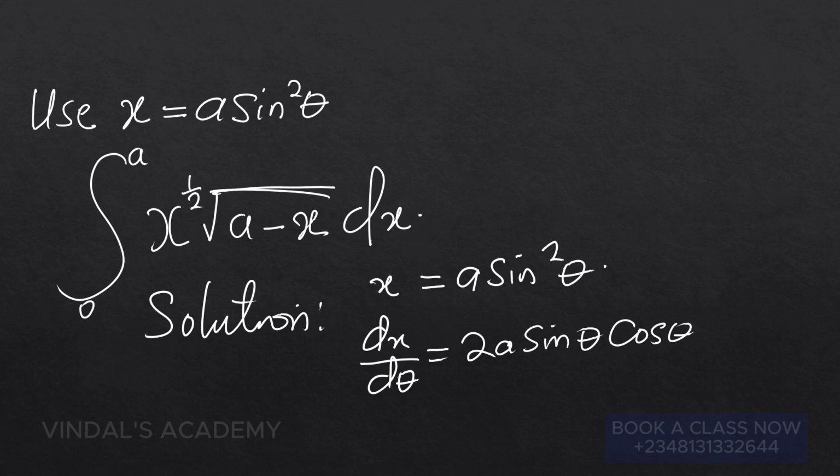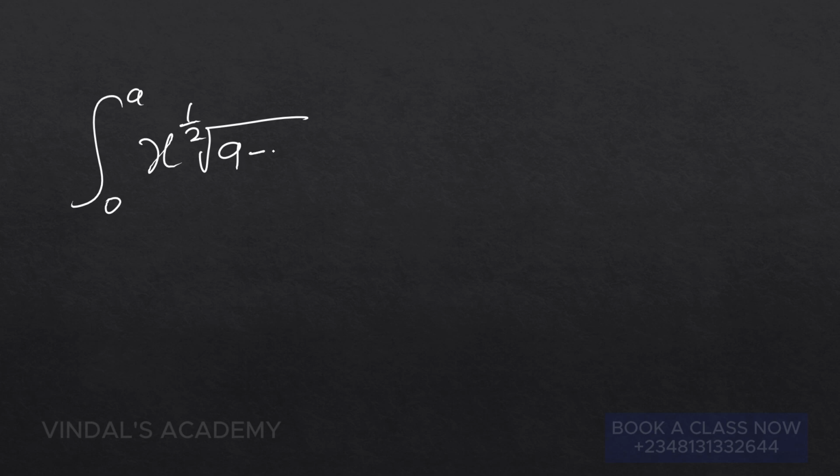Now, the next thing I'm going to do is to substitute it into the original equation. Remember, the original equation we are given is this integral between a to 0 of x raised to power 1 over 2 the square root of a minus x.